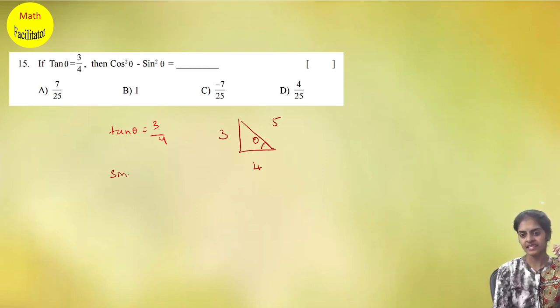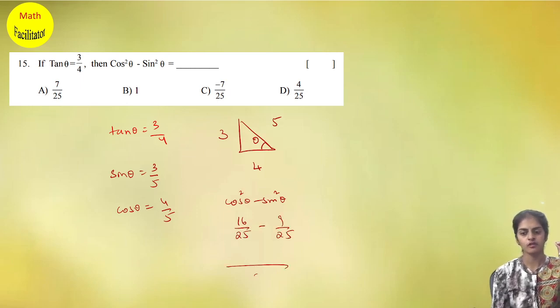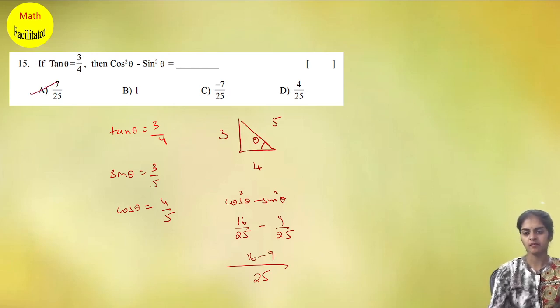Then what is sin theta? 3 by 5. Cos theta? 4 by 5. So cos square theta minus sin square theta is nothing but 16 by 25 minus 9 by 25. So 25 will be common, 16 minus 9 is 7, so 7 by 25.